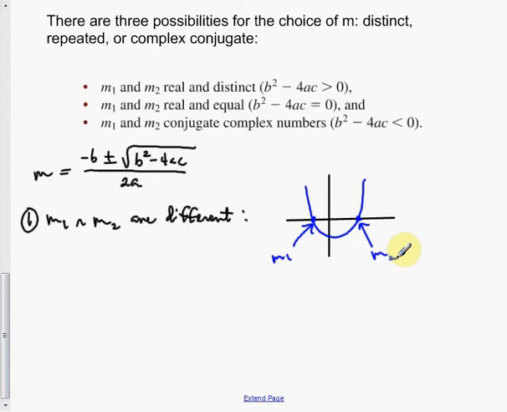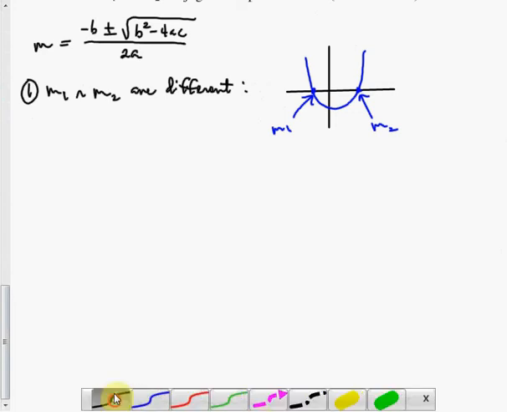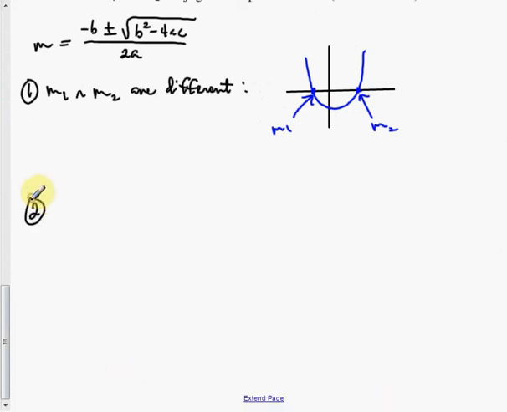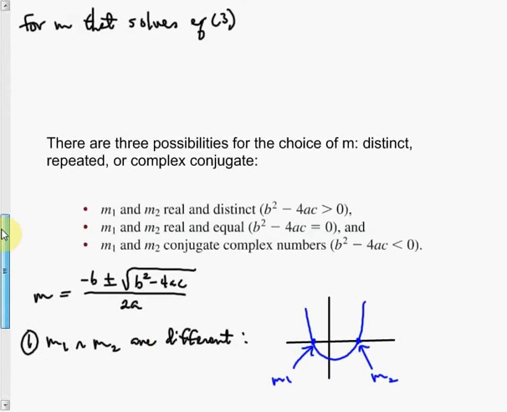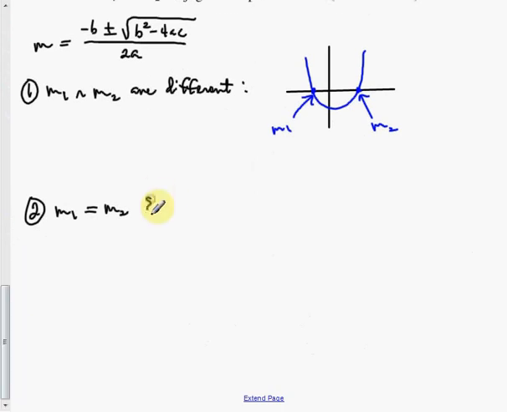Two distinct or different roots for M1 and M2. The other possibility: M1 is equal to M2. So they're real and they're equal, right?